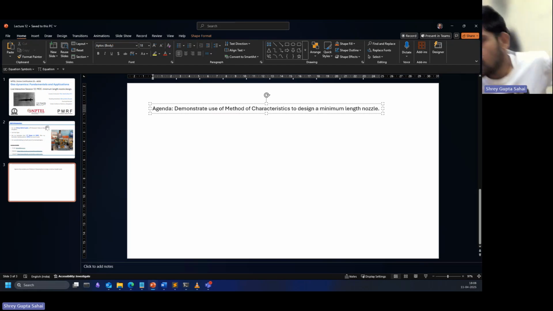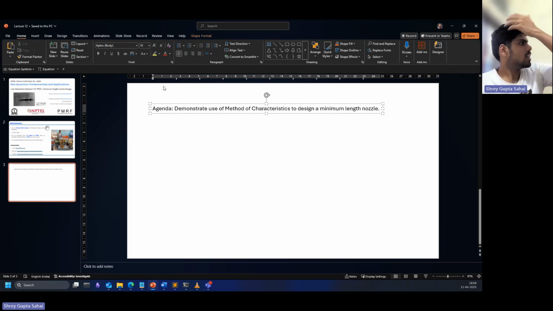What is the idea there? The idea is that in this minimum length nozzle, there is going to be a 2D flow, and we are going to consider that. As the flow expands, there will be Prandtl-Meyer expansion waves, and in a minimum length nozzle, you find simple regions.